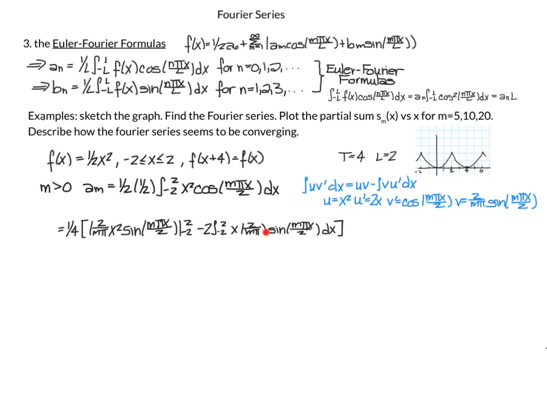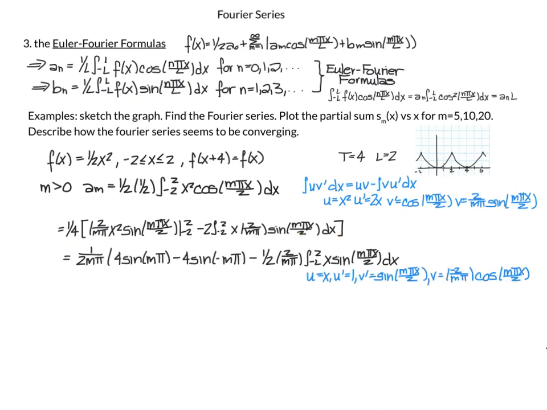But the rest of my integral is equal to minus the integral of v times u prime. So I'm taking out my 2, and then I have my x, and then times v. So here's v. I have my sine m pi x over 2 dx. So I kind of simplified my 2 with my 4. I get 1 over 2 m pi.